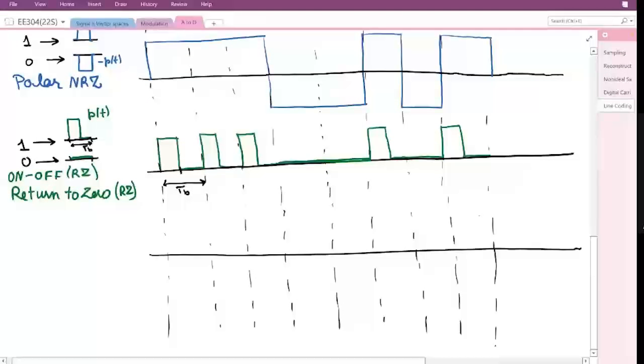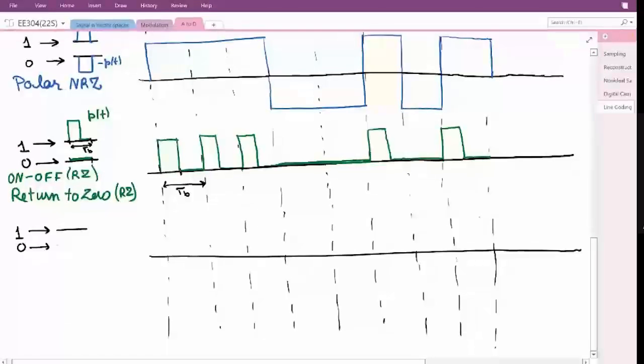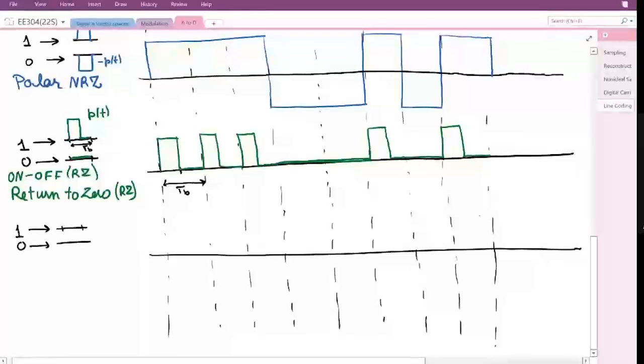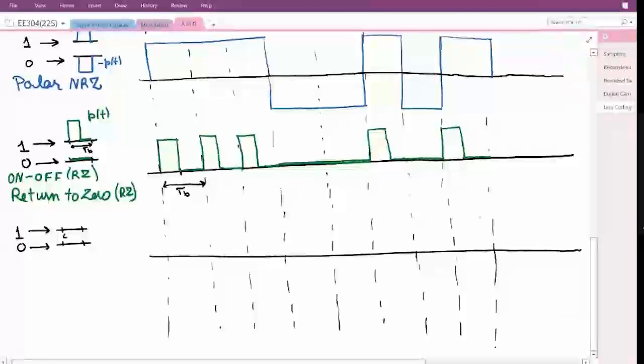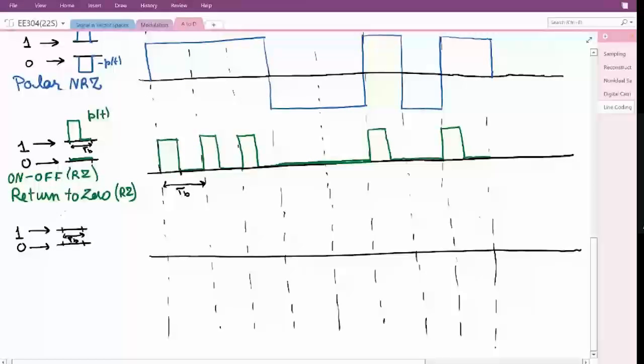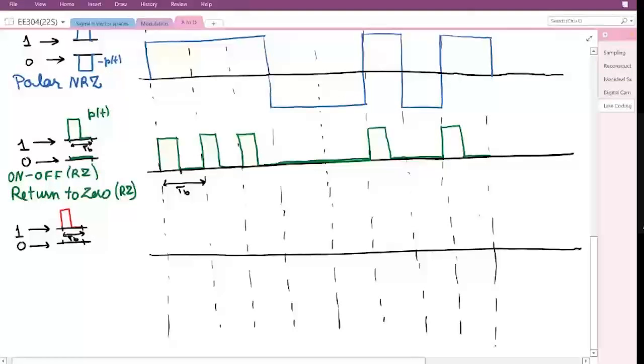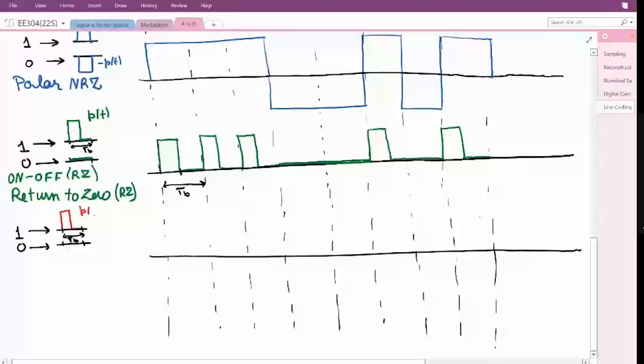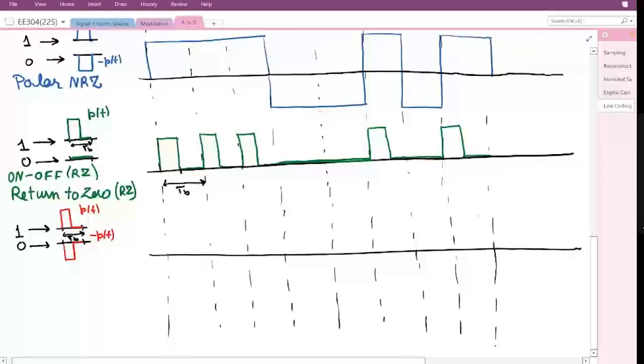So in that case, ones should be mapped to a positive pulse like this, which should be p(t), and zeros should be mapped to negative p(t), minus p(t), pulses like this.